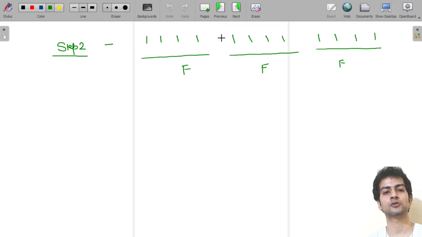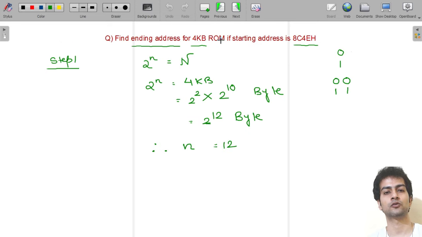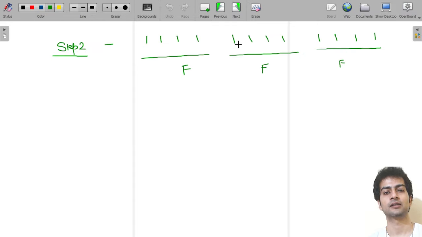Similarly, if you are given the ending address and asked to find the starting address, then we would subtract this value, because the starting address is always lesser than the ending address.